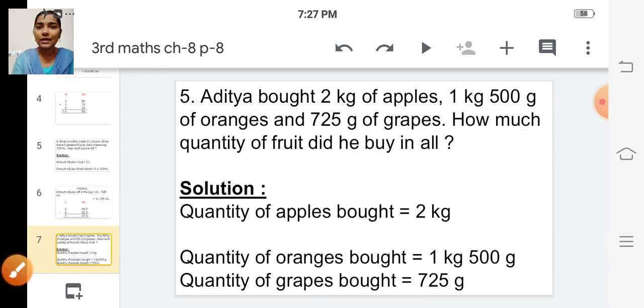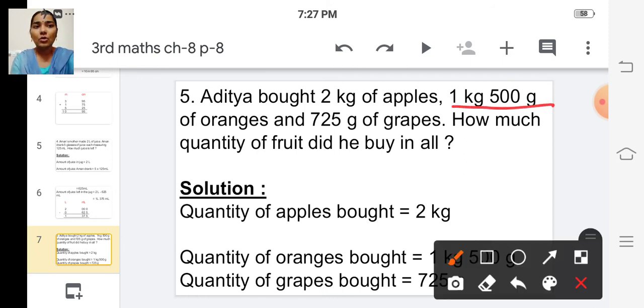They have asked the total quantity of fruits. So what do we have to do? We have to add these 3 quantities: the quantity of apples plus the quantity of oranges plus the quantity of grapes.